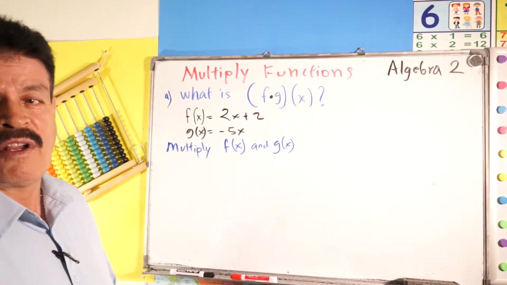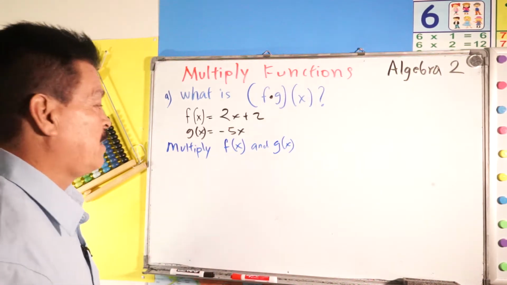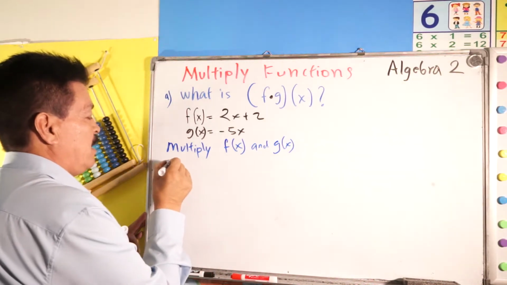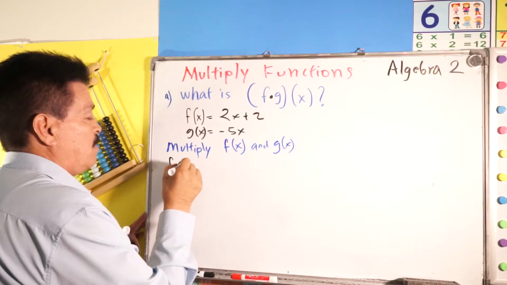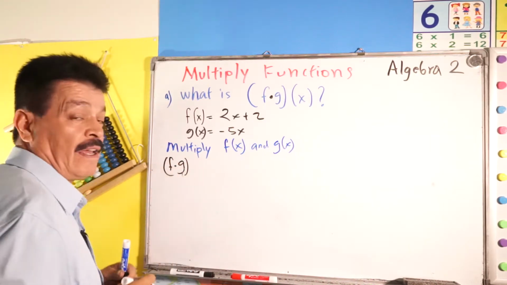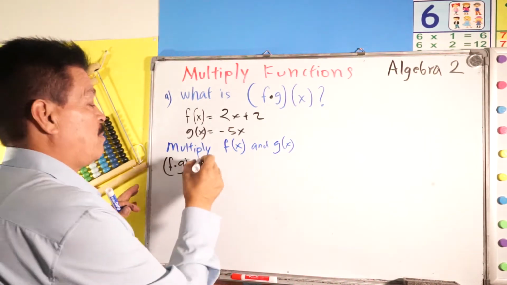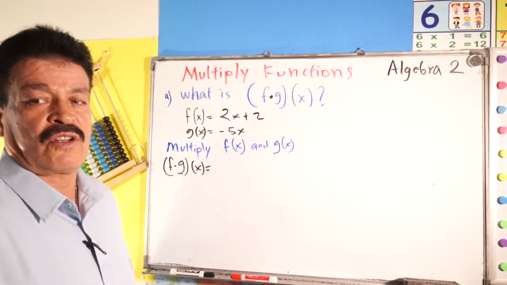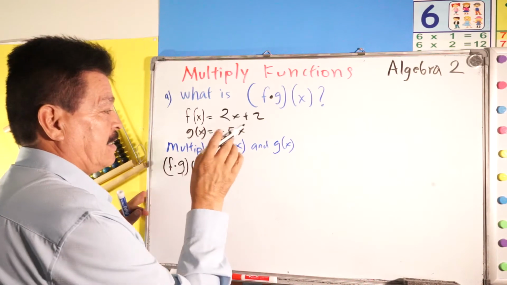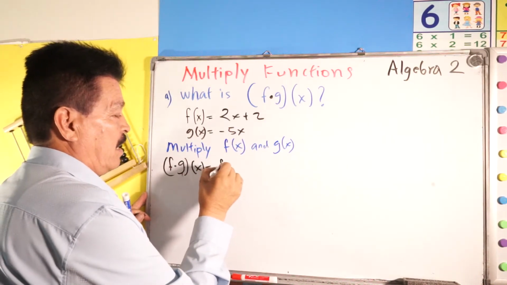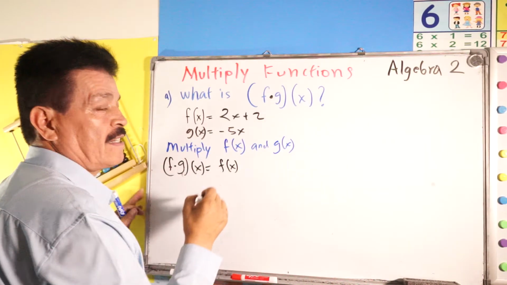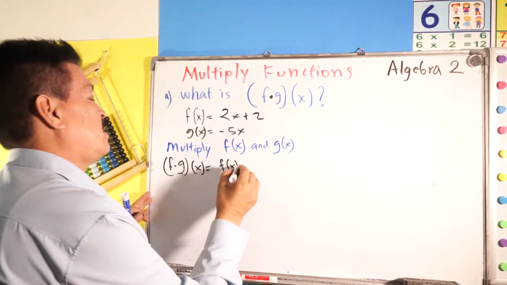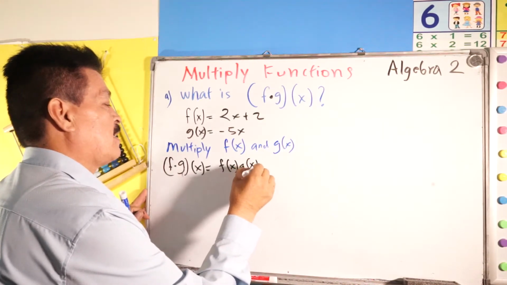Right, this is our first step. And then how? Just write f times g times x, which equals, like I told you, f of x times g of x.